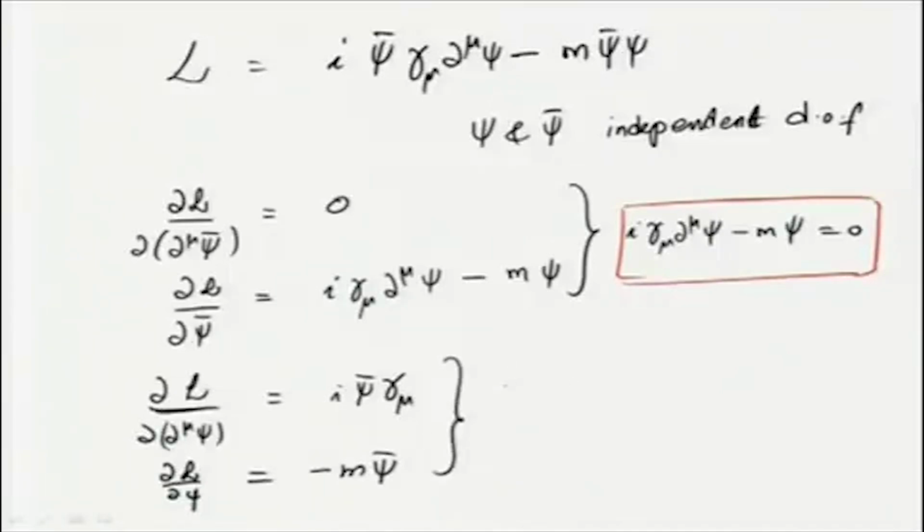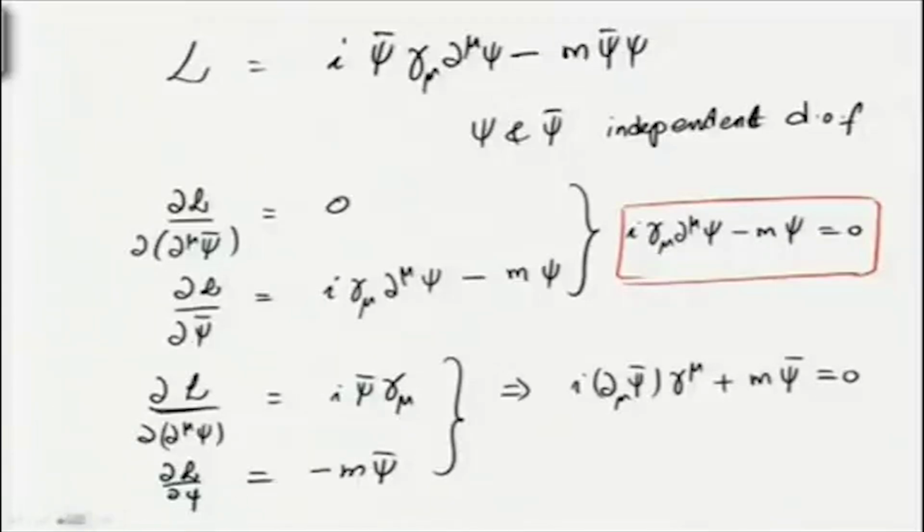Together this will give you i dou mu psi bar gamma mu plus m psi bar equal to 0.